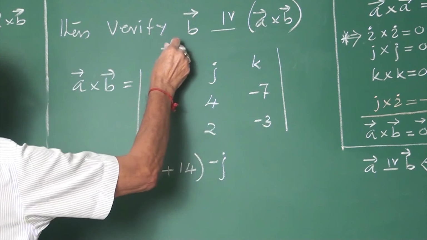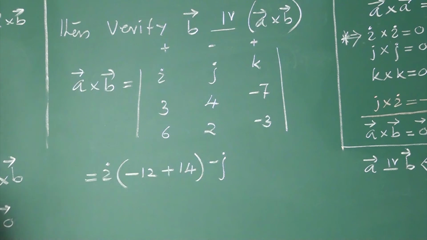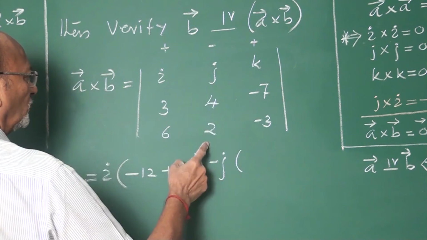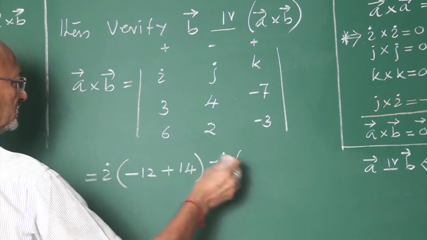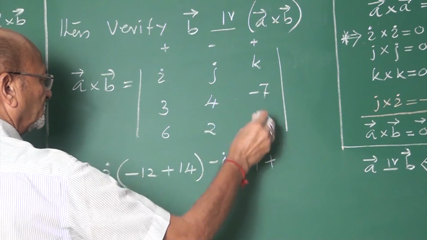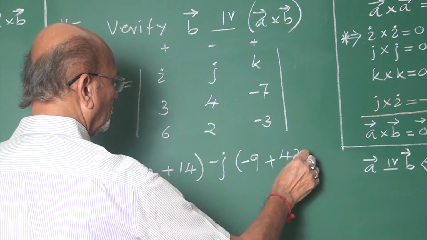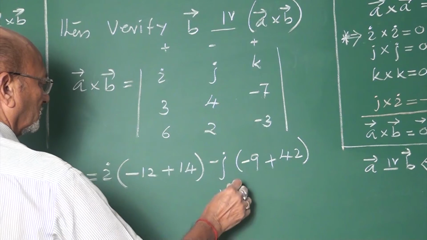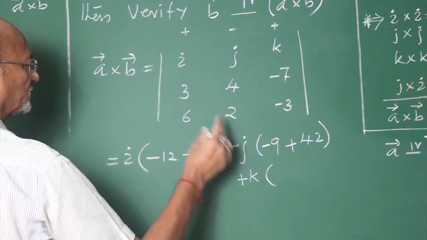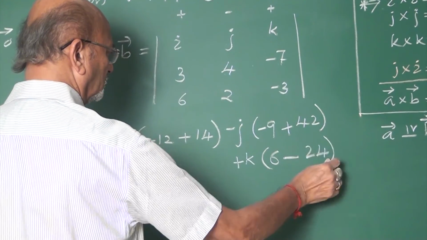Minus j into, plus, minus, plus, alternate sign change, the rules of evaluation of a determinant. First row, second column, minus 9 plus 42. Plus k, first row, third column, 6 minus 24. Simplified.